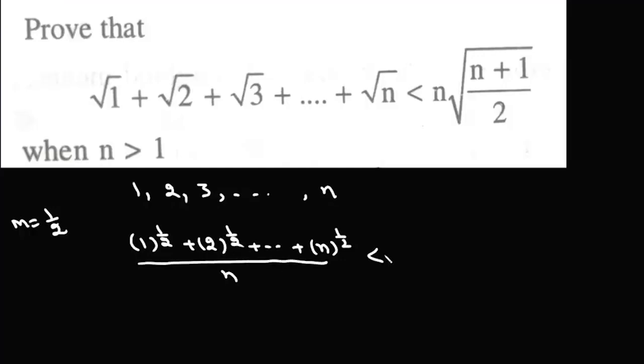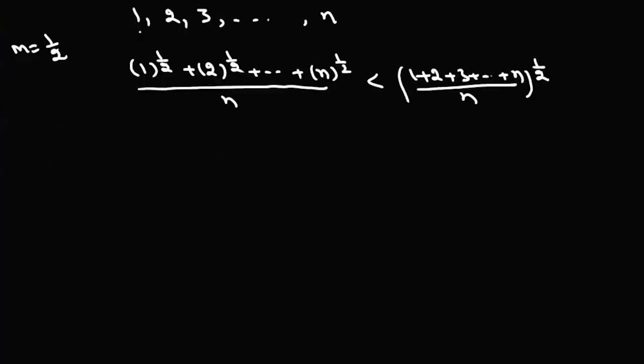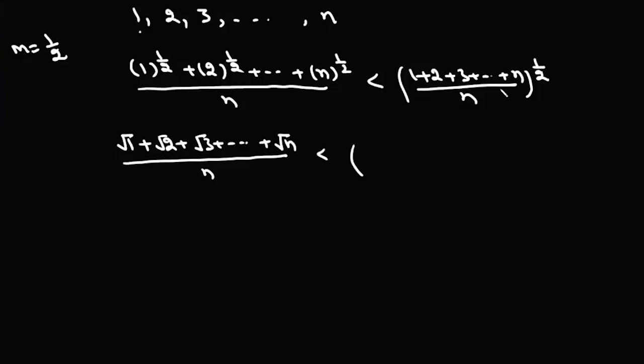will be less than. And here we are using this strict inequality because all these numbers are distinct, they cannot be equal. So it will be less than the square root of their arithmetic mean, which is (1 plus 2 plus 3 up to n) whole divided by n, to the power 1 by 2. Now we can write this as (root 1 plus root 2 plus root 3 up to root n) divided by n, and it will be less than, this is the sum of the first n natural numbers, so it will be (n plus 1) upon 2, and here we have this n to the power 1 by 2.